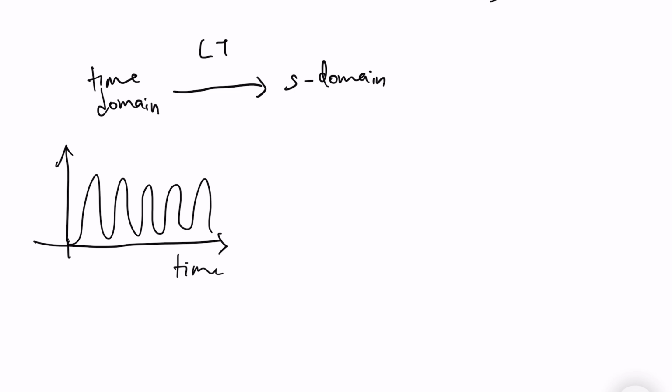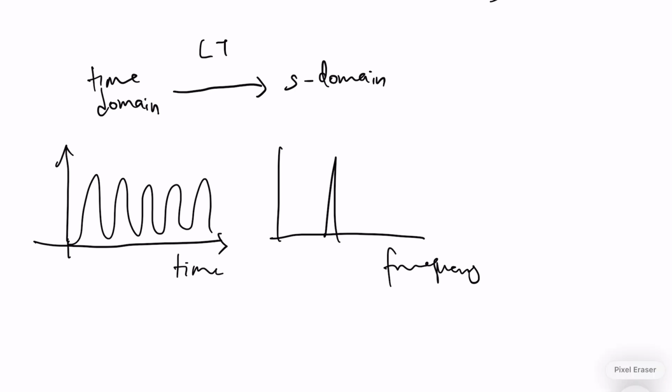And the frequency domain is like this. You can see that this is a frequency. The time domain shows how something changes over time, for example electrical current in a wire, voltage in a circuit, and the movement of a spring. We are looking at the time domain.